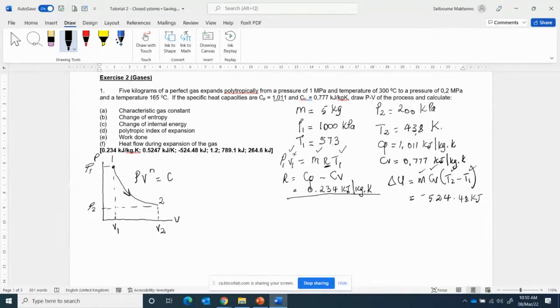So delta U is negative 524.48 kilojoules.